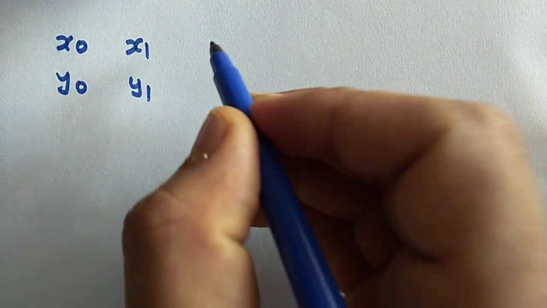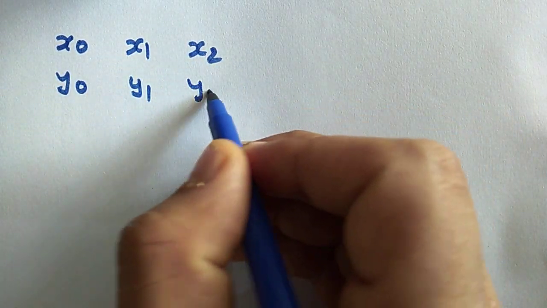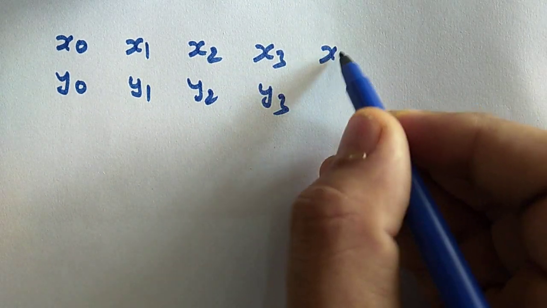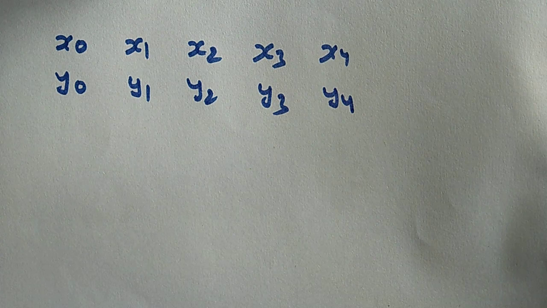So first we try to understand the central difference table. Suppose this is the given data set: x0, y0, x1, y1, x2, y2, x3, y3 and x4, y4.